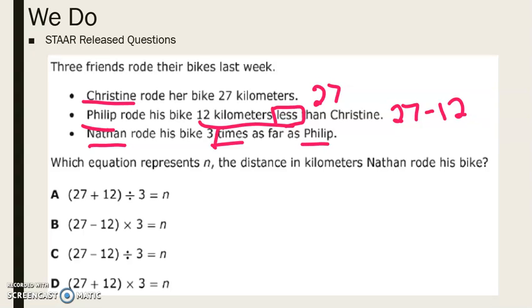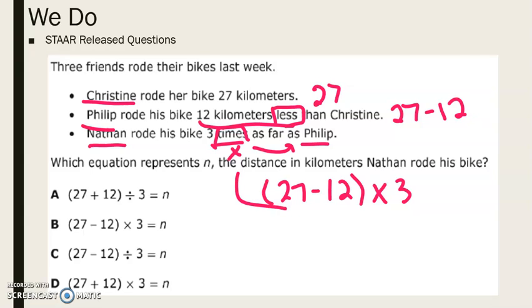So in this case, I see the word times, which means to multiply. So I'm going to multiply what Philip rode. So Philip rode 27 minus 12, so I'm going to start with that. And then I have 3 times, so I'm going to multiply that by 3.